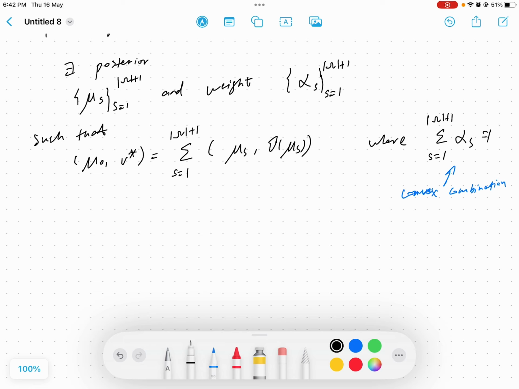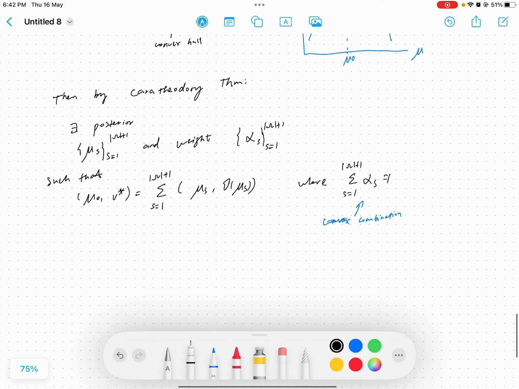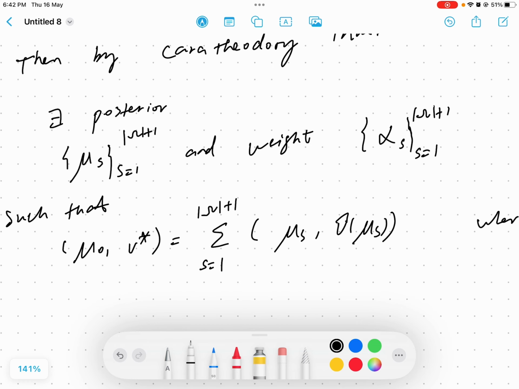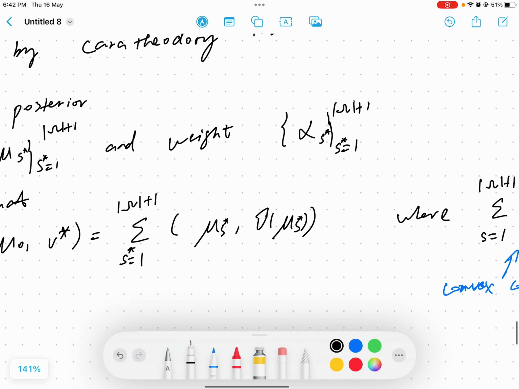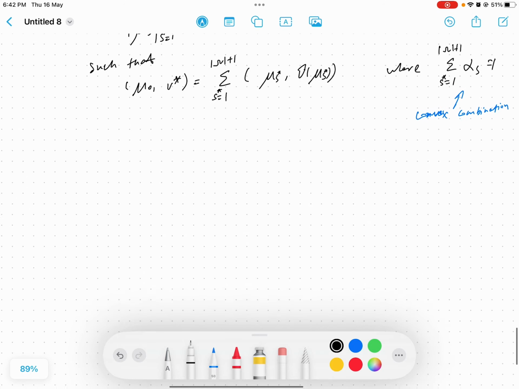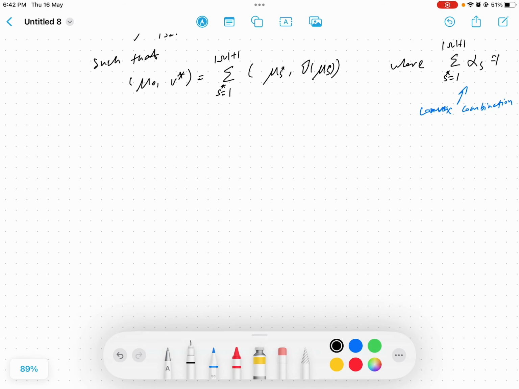So then we can construct this tau star. Perhaps we should use S star here, because this S is not the S that we used before. All right, so this is more rigorous.